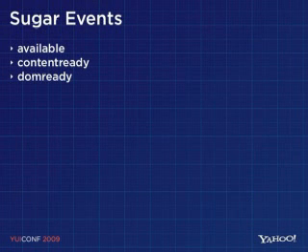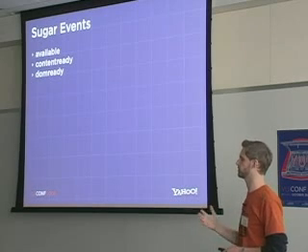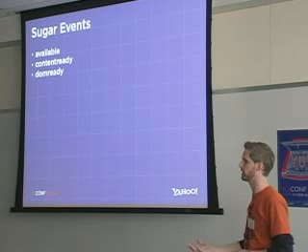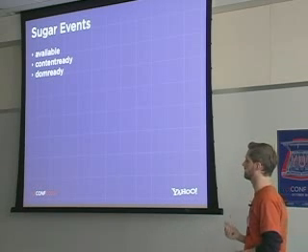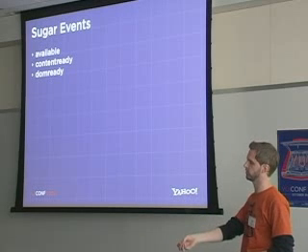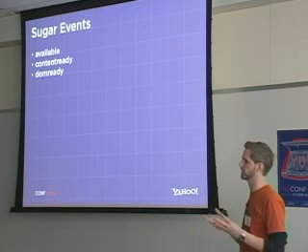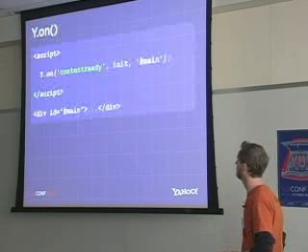We've also added additional custom events that give you an easier way of working with the DOM. For example, one of the core principles of DOM scripting is you can't script what has not yet been parsed and loaded by the browser and is available in the DOM tree. And so you can use available, content ready and DOM ready to listen for when is the right time to start scripting a certain piece of the DOM. And that script can actually live before the portion of HTML that you're interested in scripting.